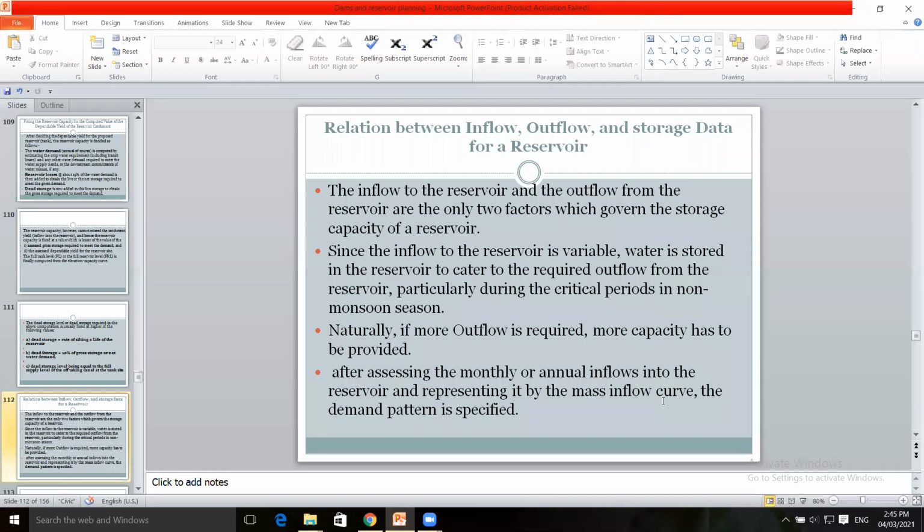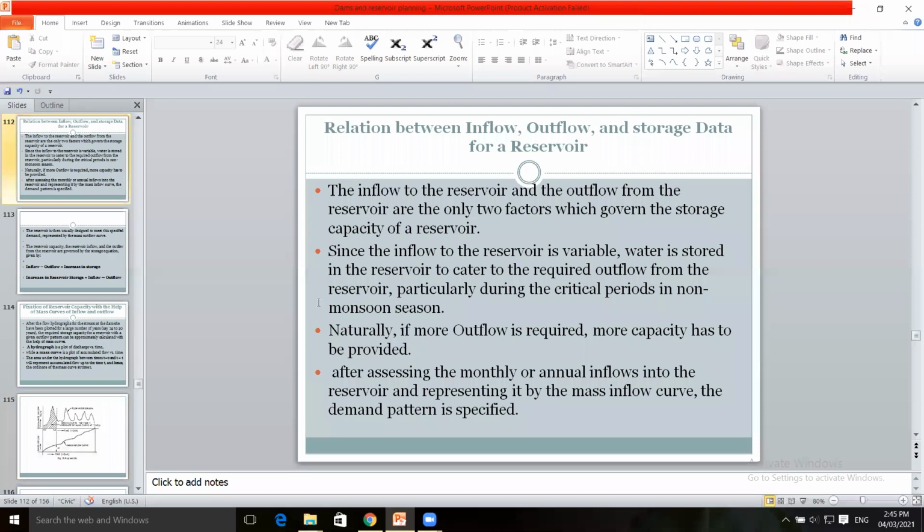From the mass inflow curve and mass outflow curve we get the inflow into the reservoir and outflow from the reservoir. From that we get the storage in the reservoir. Storage किती आहे? Storage in the reservoir is determined.